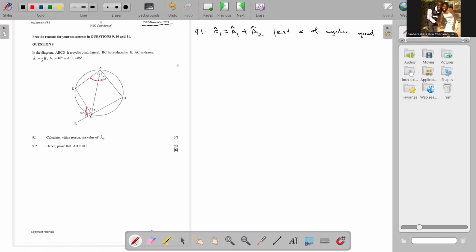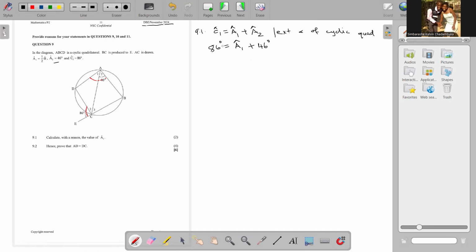Then from there, C1 is provided to be 86 degrees, which is equal to A1 plus A2. We don't know A1; it's the requirement of the question to calculate it. A2 we are given to be 46 degrees.